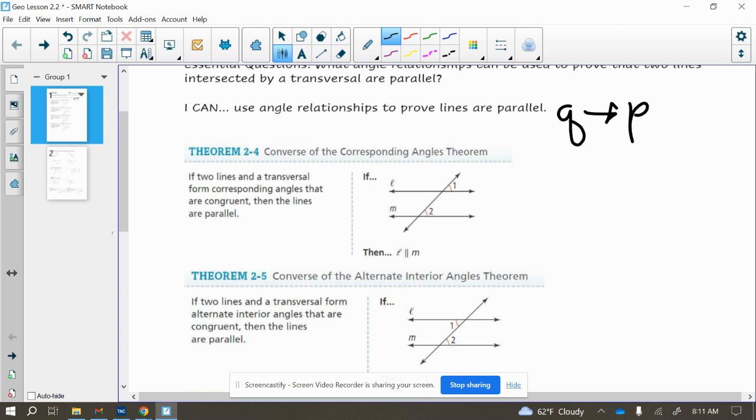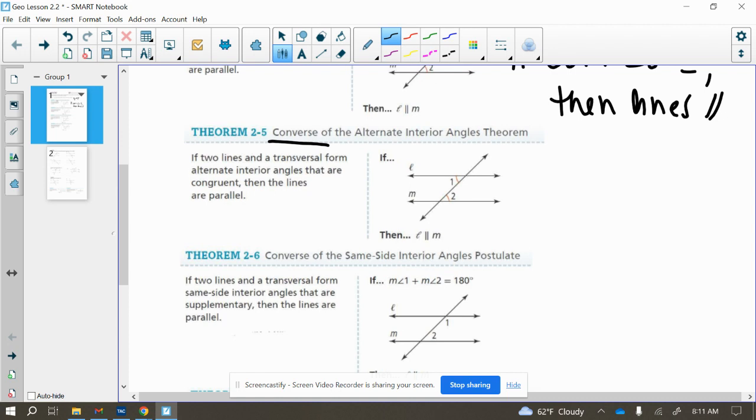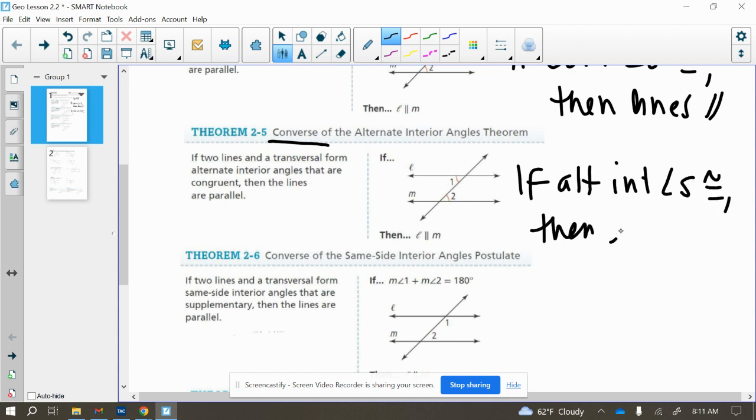So basically what we're saying on each of these is, for instance, with the converse of the corresponding angles theorem, if our corresponding angles are congruent, then the lines are parallel. Same thing then with the converse of the alternate interior angles theorem. If our alternate interior angles are congruent, then our lines are parallel.